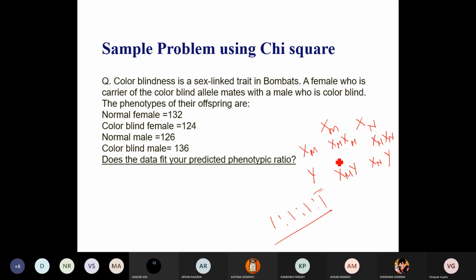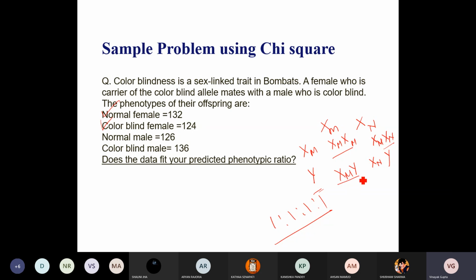XMXM occurs only once, which means the female is going to be colorblind. That is one category. Here it is written colorblind. The second one is XMXN. She is going to be a carrier, which means she is basically a normal female.